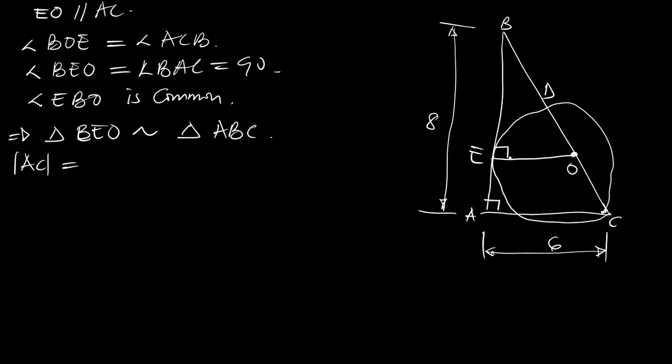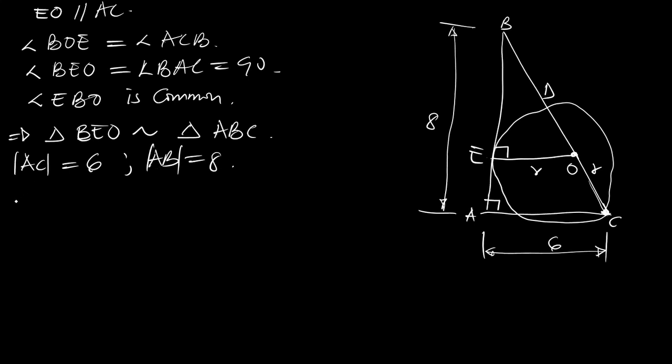Now from E to the center here is R, the radius of the circle. Now from this circumference to this point is also R. Now we have AC to be 6, AB to be 8.